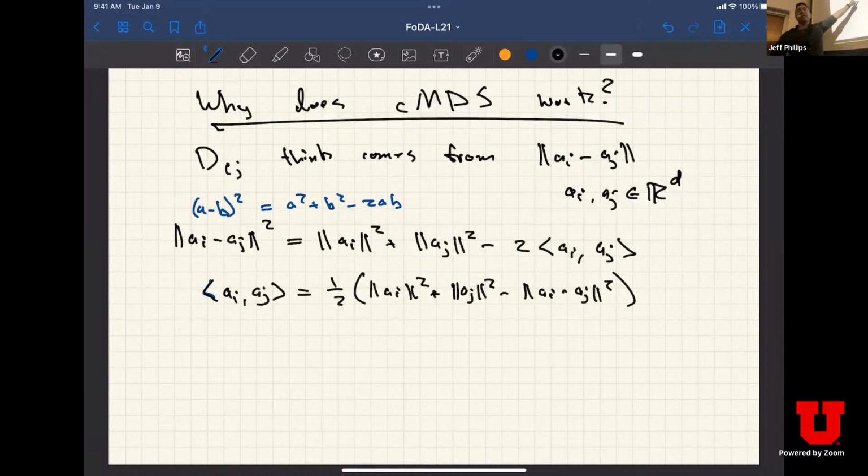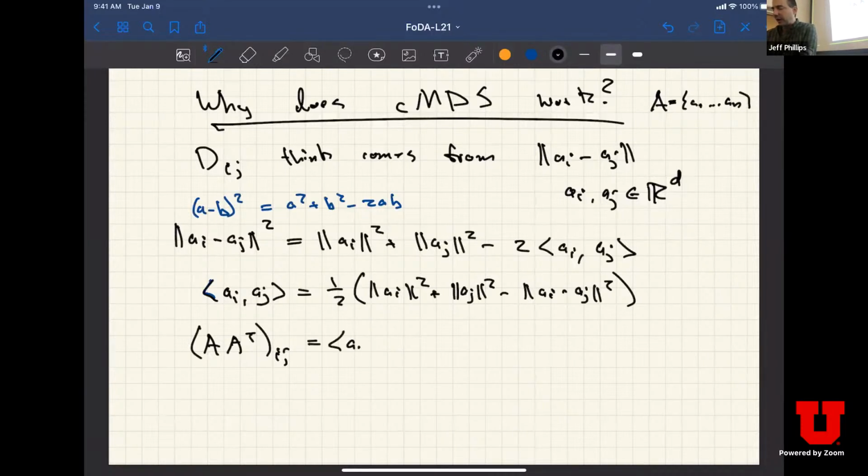Now I have the inner product for a_i and a_j, but I want to do this for all pairs i and j and write them in some compact form. Well, it turns out that if A equals a_1 up through a_n, then if I look at the ith and jth element in the matrix A A transpose, this is the dot product a_i a_j.